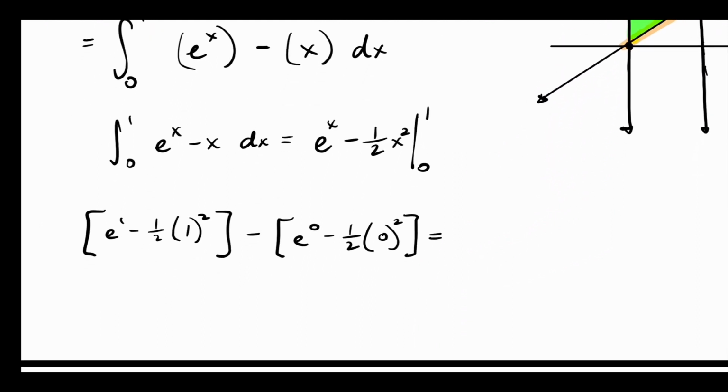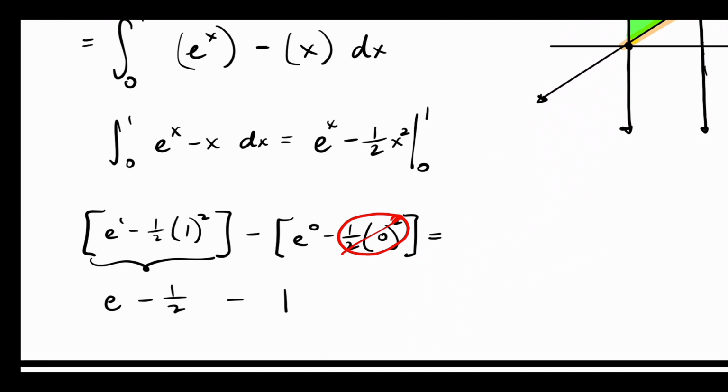Let's see what I get. Okay, so over here I get e to the first minus 1/2. Over here, e to the 0 is 1. And then this guy over here just becomes 0 because it's 0.